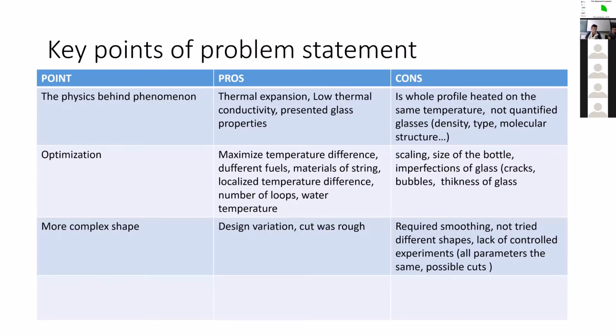Okay, so the key point of the problem was to propose the physics behind this phenomenon. So the presenter mentioned the thermal expansion, that is the key point of the physics of this phenomenon, and of course also the low thermal conductivity of glass, and presented some properties of the glass.